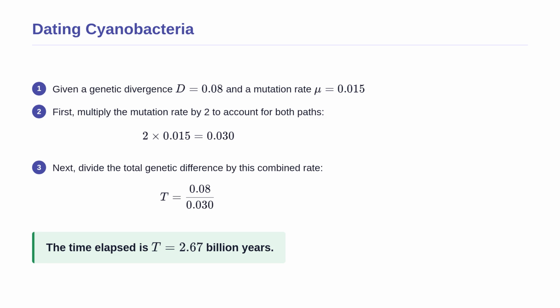First, we multiply the mutation rate by 2, giving us 0.030. Finally, we divide the total genetic difference of 0.08 by this combined mutation rate. The final answer is 2.67 billion years.